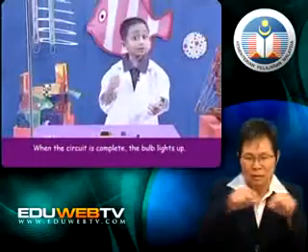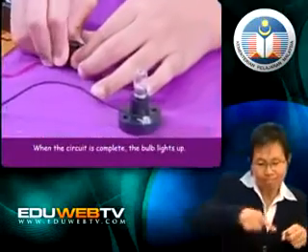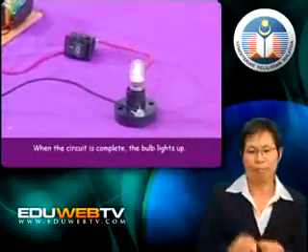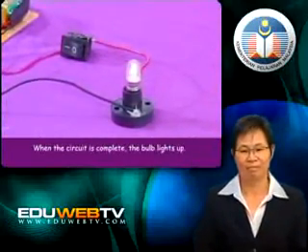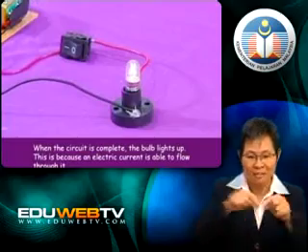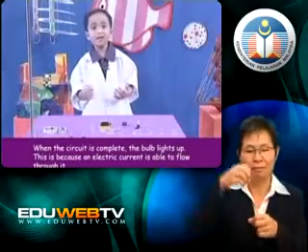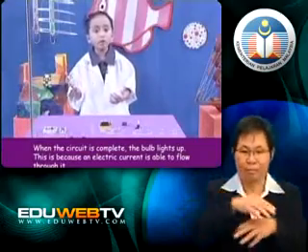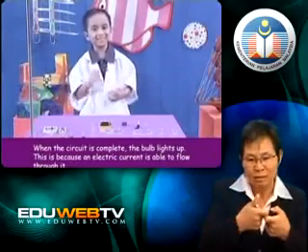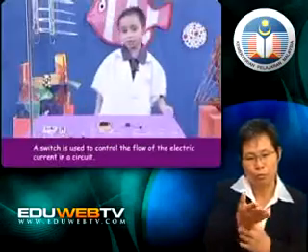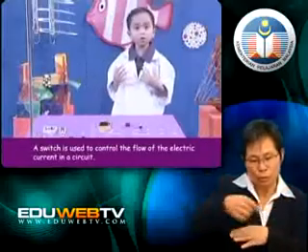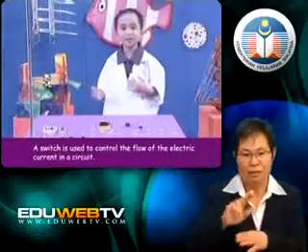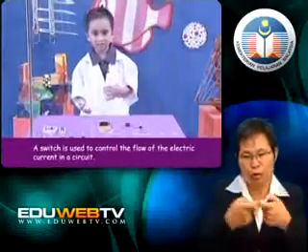When the circuit is complete, the bulb lights up. This is because an electric current is able to flow through it. A switch is used to control the flow of the electric current in a circuit.